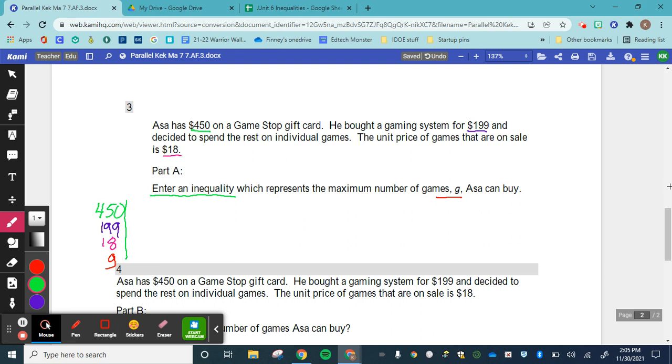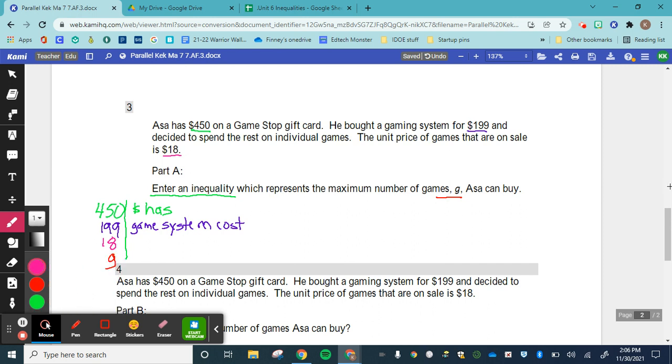So since that's how much money he has on the gift card, that's how much money that he has. 199, that's how much money he bought the gaming system for. So 199 was the gaming system cost.